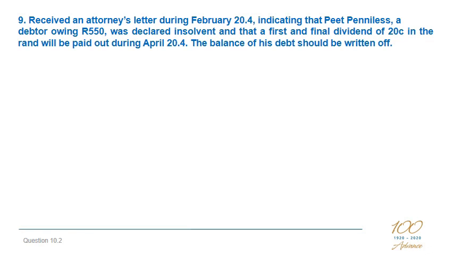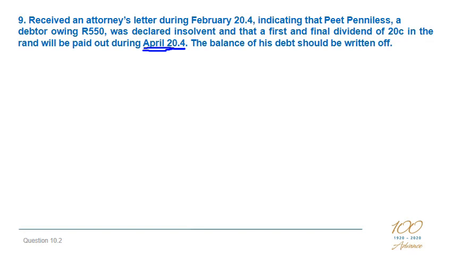We received an attorney's letter during February indicating that a debtor owing us 550 was declared insolvent, and that a first and final dividend of 20 cents in the rand will be paid out during April. This is only in the next financial year that we will receive the payment.